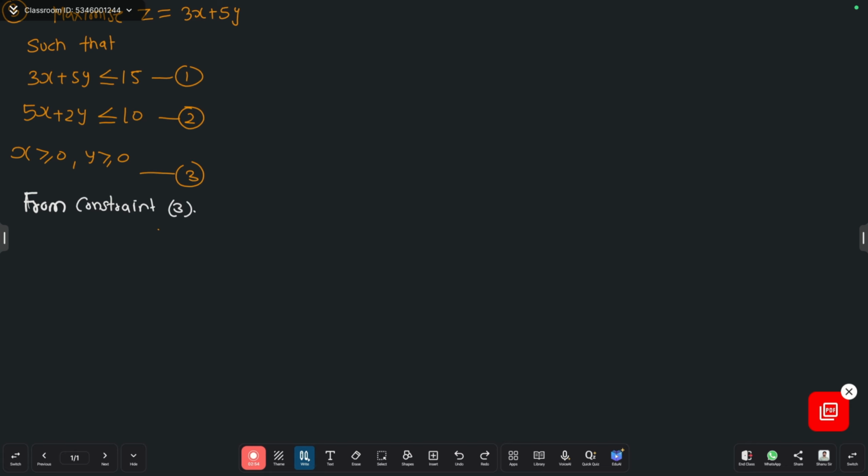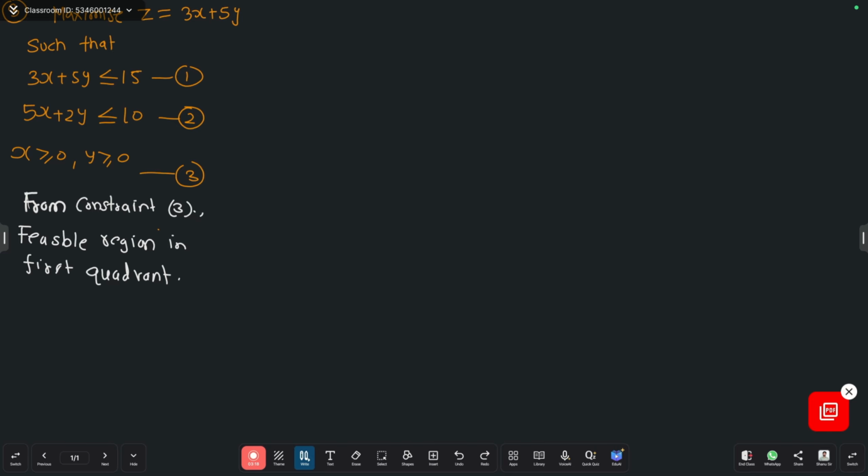From constraint 3, feasible region in the first quadrant.